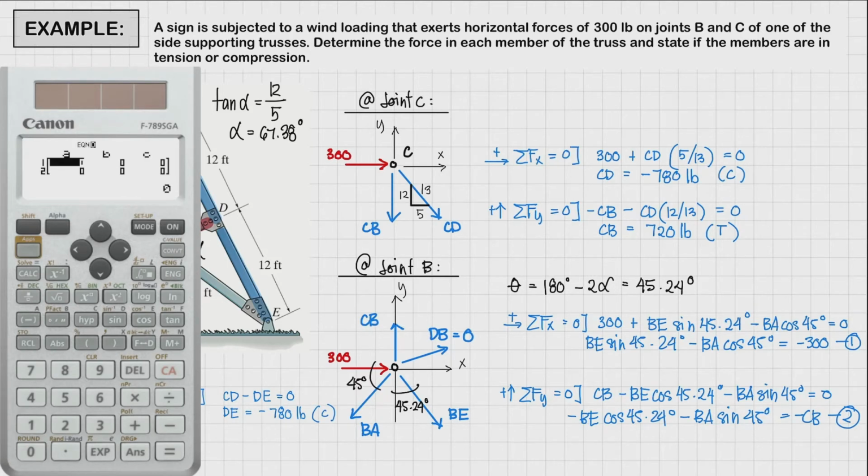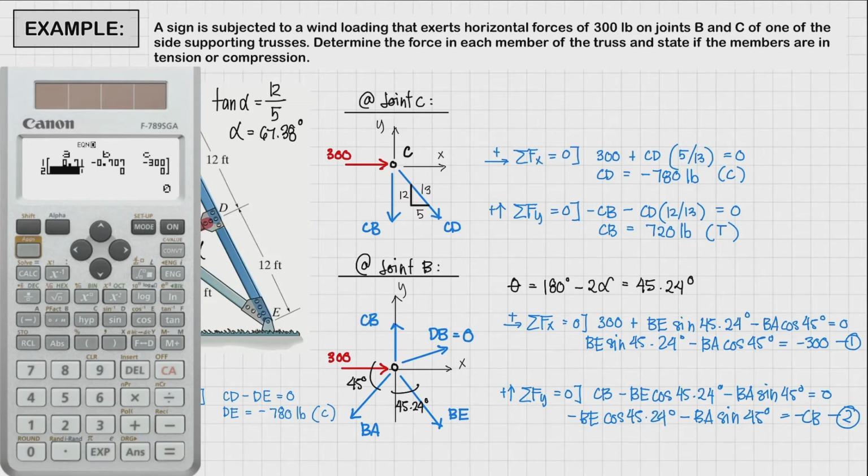Alright. So for A, from our first equation, it's going to be sine 45.24 degrees. Then for B, it's going to be negative cosine 45 degrees. And then for the constant C, it's going to be negative 300.